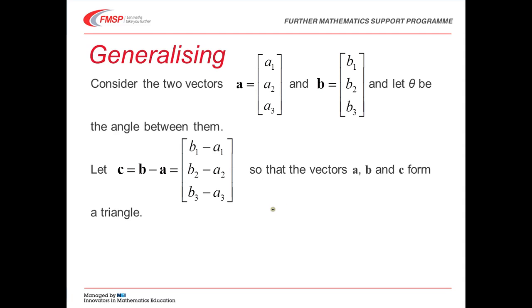So these three vectors form a triangle, which is going to look very similar to the one that I had before. I've got A along here and B there, tail to tail, so this angle theta is the angle between them, and this side here is B minus A as before.